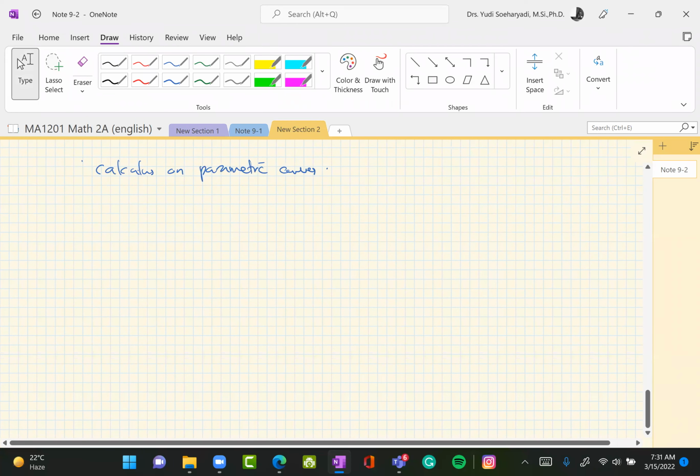Okay, so suppose you have a curve, parametric curve, say gamma, which is x of t, and y is g of t, t between a and b.